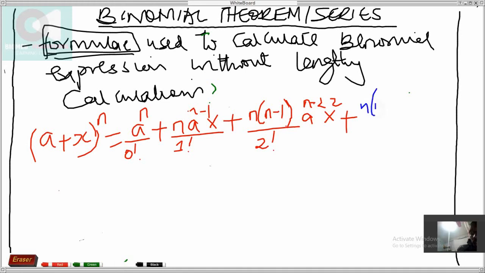We have also plus n, n minus 1, n minus 2 divided by 3 factorial, and then a raised to n minus 3, x raised to 3, and so forth, then we get the final term, which is x raised to power n.